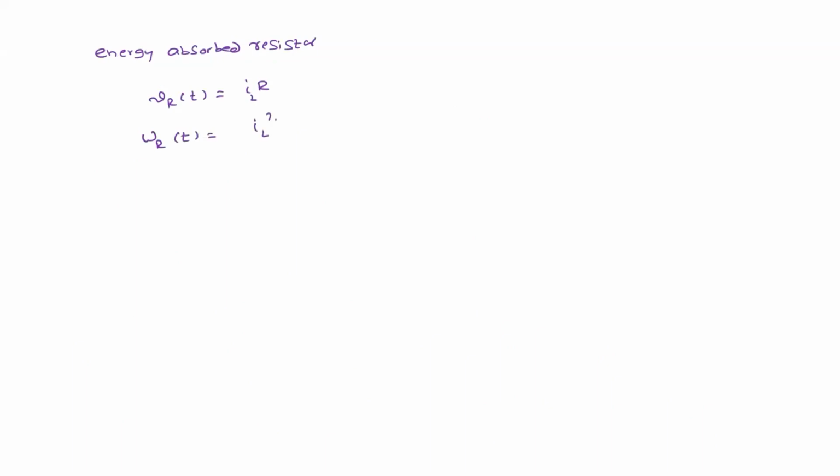It is IL square into R. So how much do you get? I naught into e to the power of minus t by tau, squared, into R.